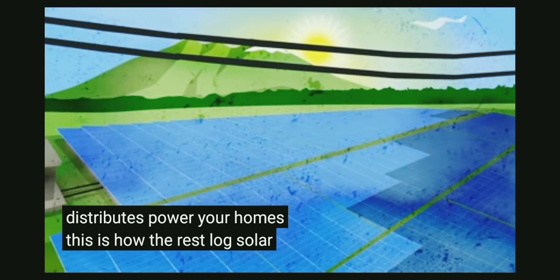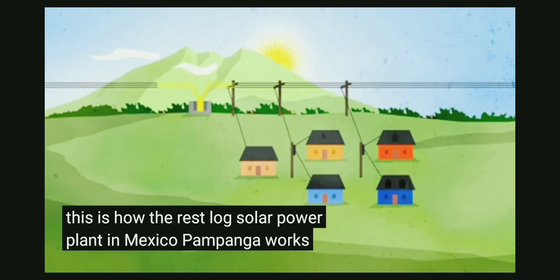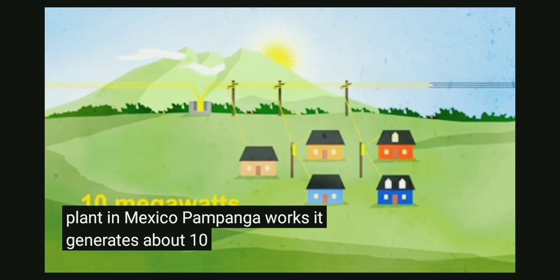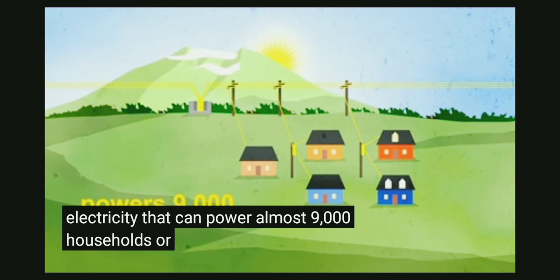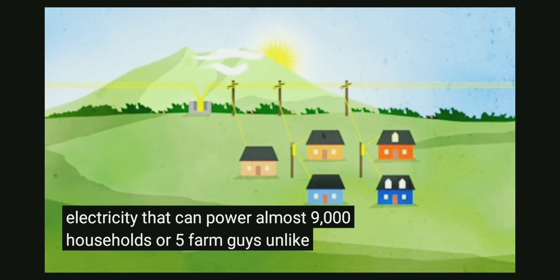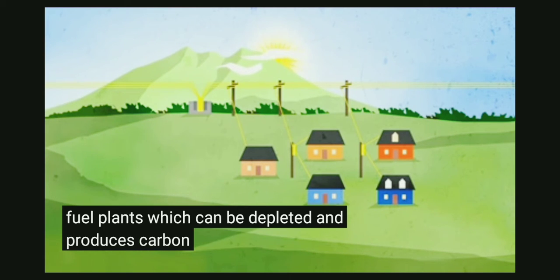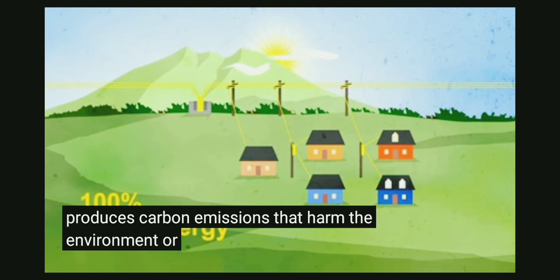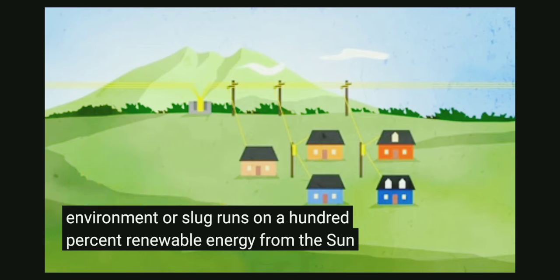This is how the Roslog solar power plant in Mexico, Pampanga works. It generates about 10 megawatts of electricity that can power almost 9,000 households or 5 barangays. Unlike fossil fuel plants, which can be depleted and produce carbon emissions that harm the environment, Roslog runs on 100% renewable energy from the sun.